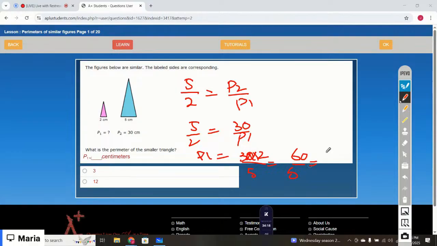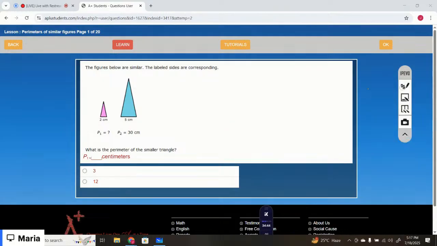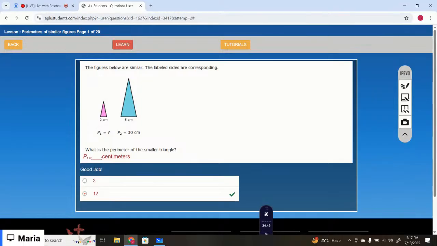That is 60 over 5. That equals 12. The correct option is 12. Option number 2 is the correct option.